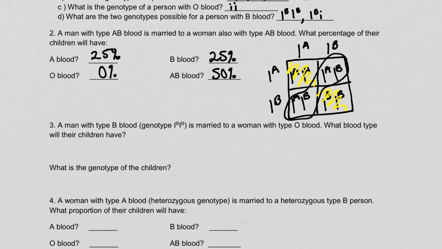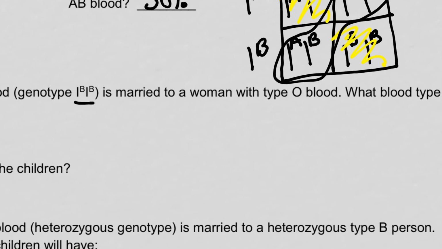All right, and here's another example. A man with type B blood, genotype BB, is married to a woman with type O blood. What blood type will their children have? And they're all going to have the same blood type, but we'll still do a quick square so that you can see it.